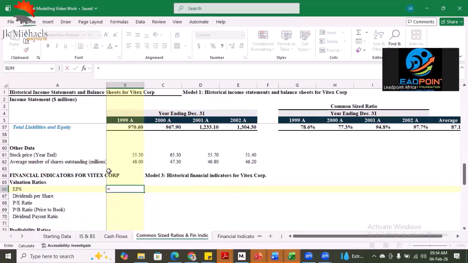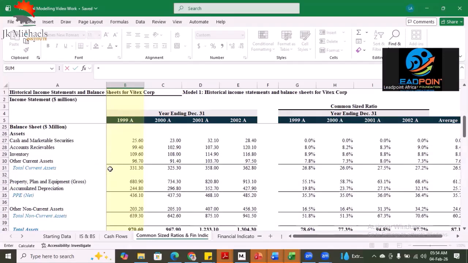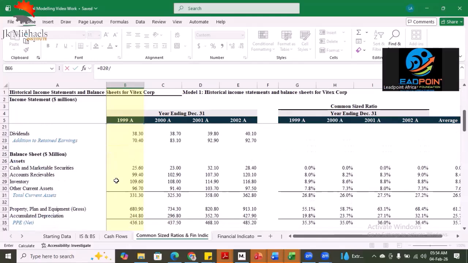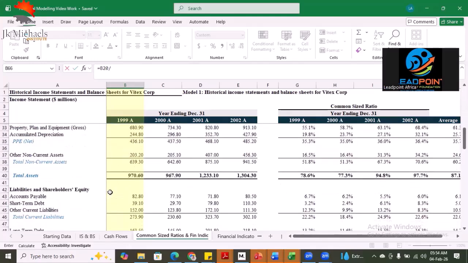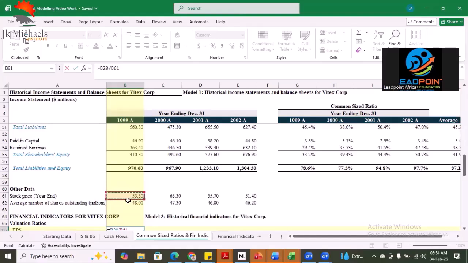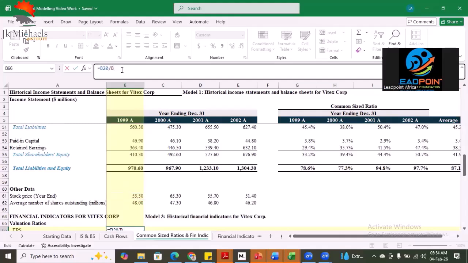If we look at the net profit or the net income, and then we divide it by the number of shares outstanding, the total number of shares, where do we have that information? B20 divided by B61. Not over stock price, but divided by the total number of outstanding shares.